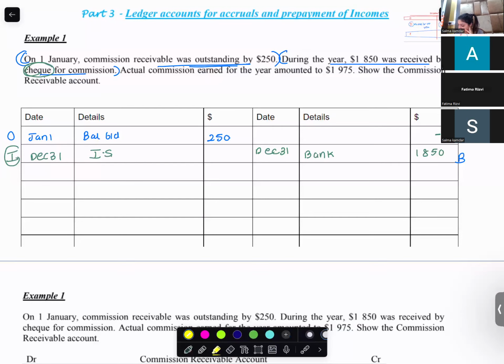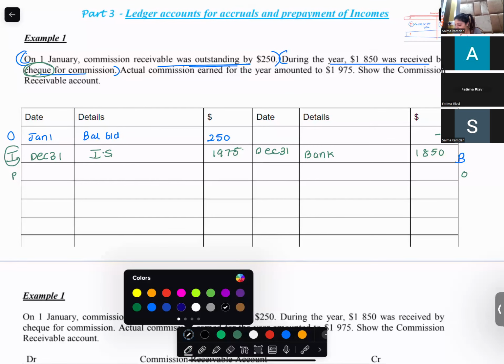Read the statement, please. Actual commission earned for the year amounted to 1975. So income statement 1975. So you have OPOP IB. Now I'm trying to close the account.